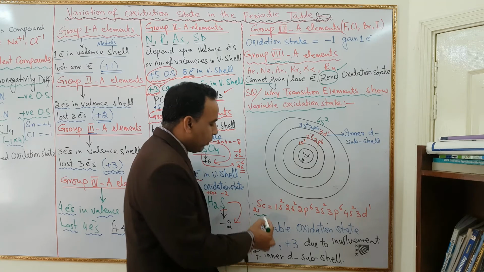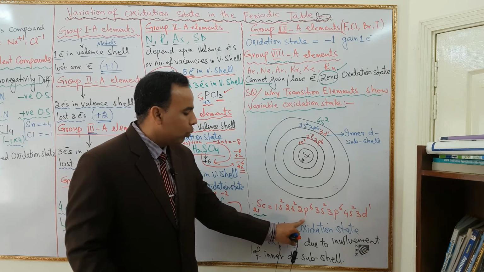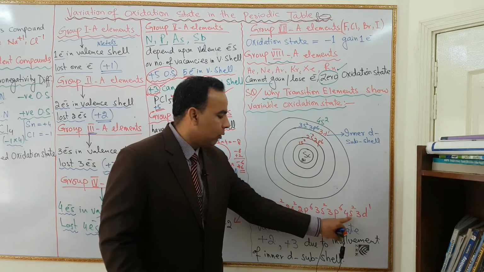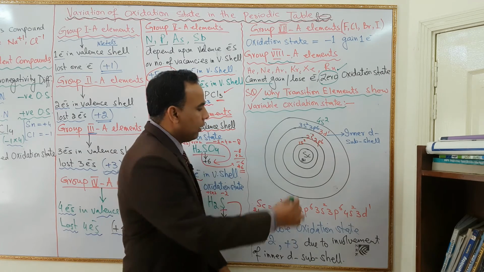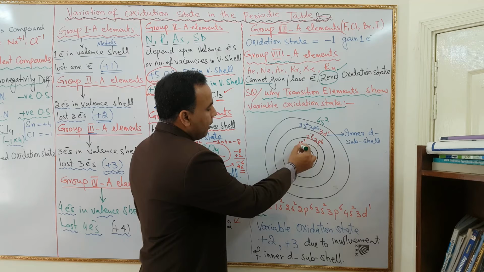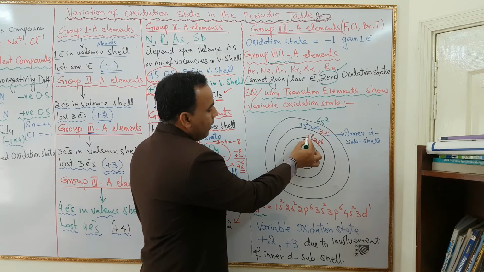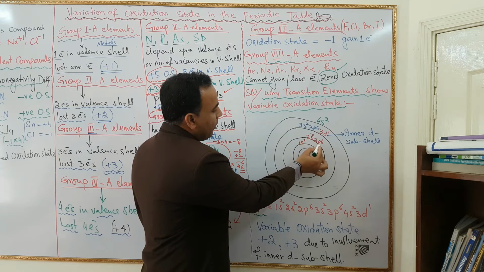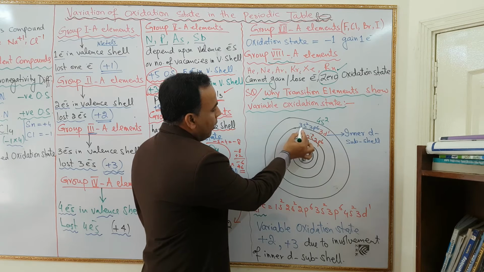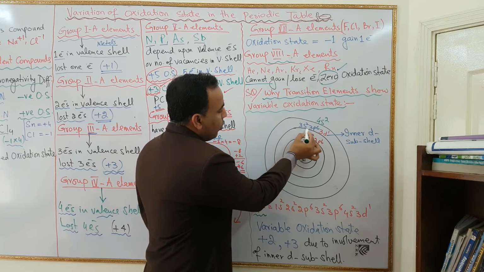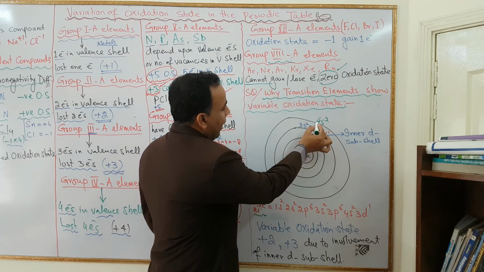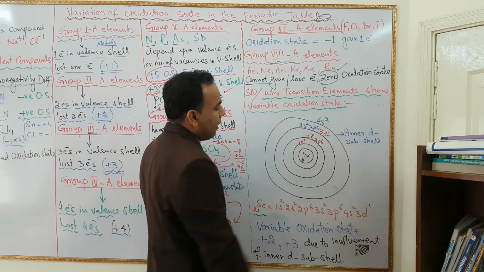Scandium, atomic number 21: 1s2, 2s2, 2p6, 3s2, 3p6, 4s2, 3d1. This is scandium. In the first shell, 1s2; second shell, 2s2, 2p6, 8 electrons; the third shell, 3s2, 3p6, 3d1; and in the fourth shell, 4s2.